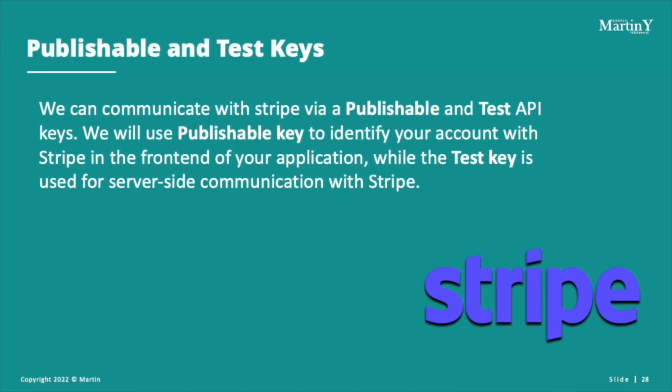You can see here on the slide that we actually have not one but two keys. You have your publishable key, which is available to the public, and you're also going to have your private key, which in our case is going to be a test key. In Stripe you can use your keys in two modes.